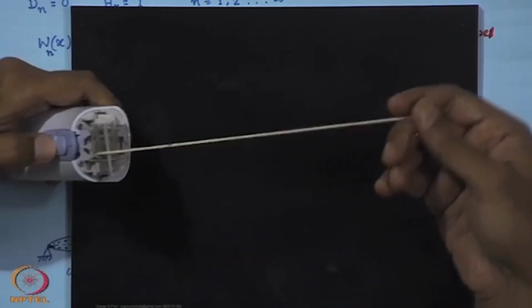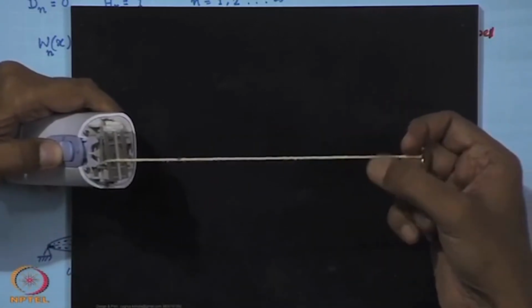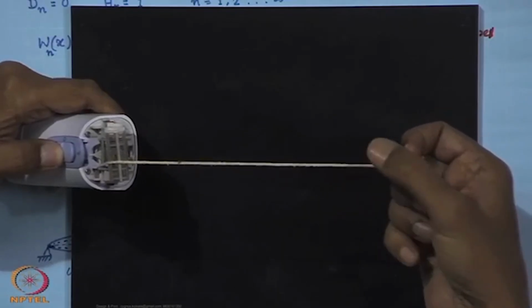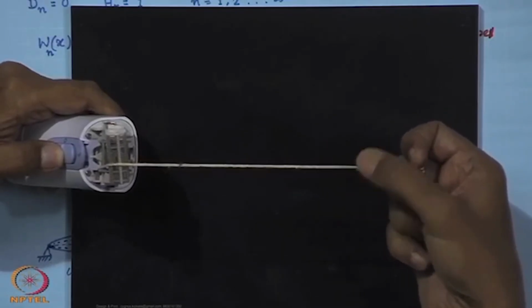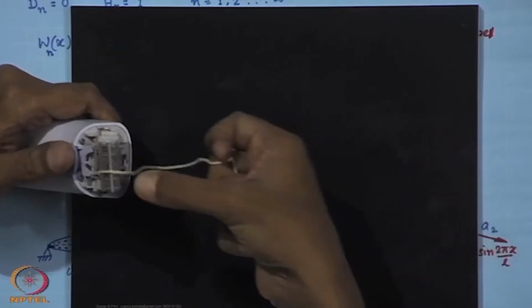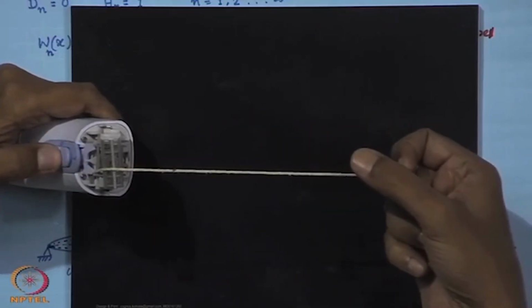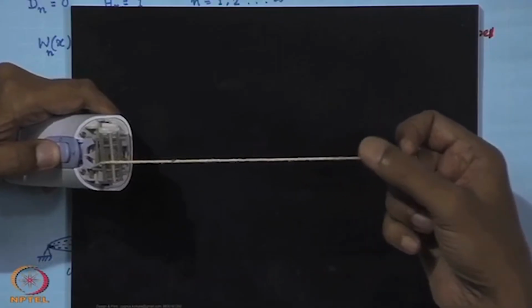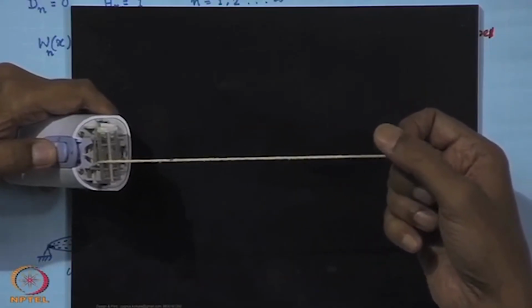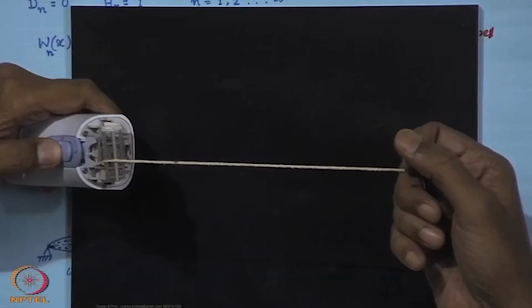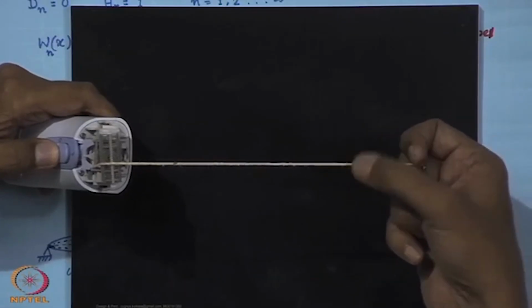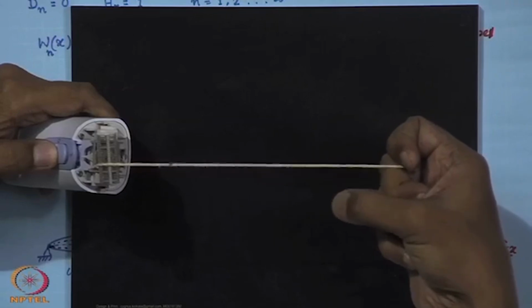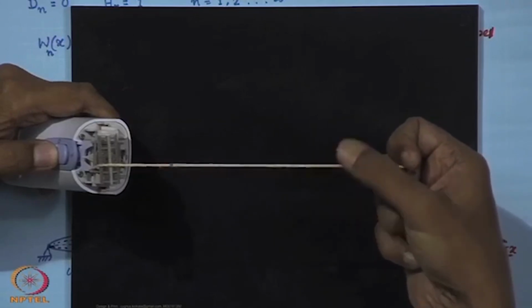So, here I have a string which I have made taut by pulling, and here there is an exciter, which is nothing but a simple electric shaver. Now, as I pluck the string, you see the motion ceases after some time.